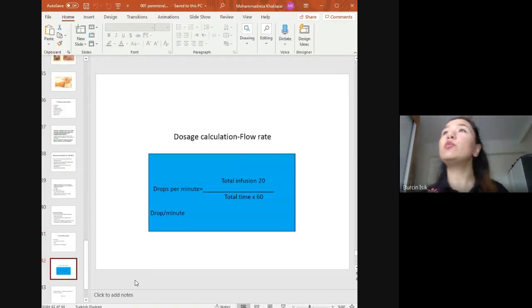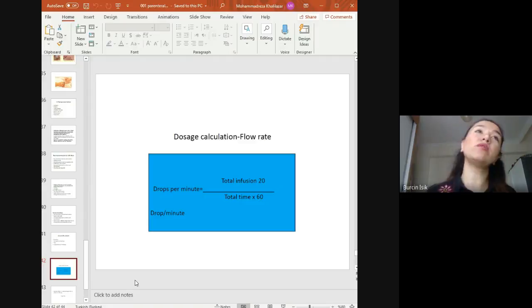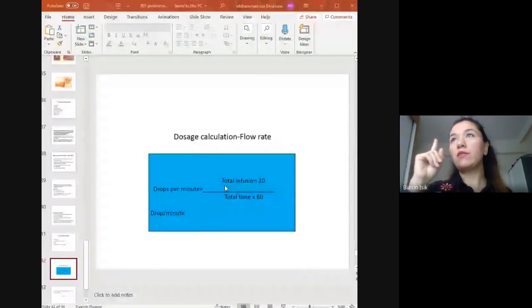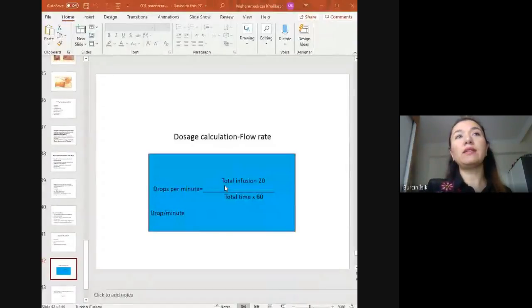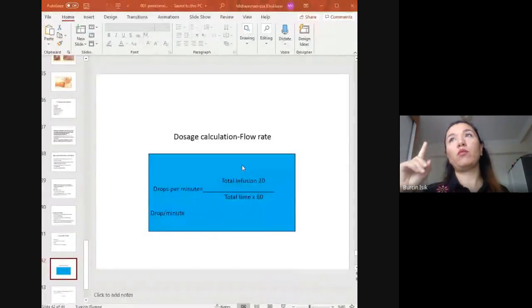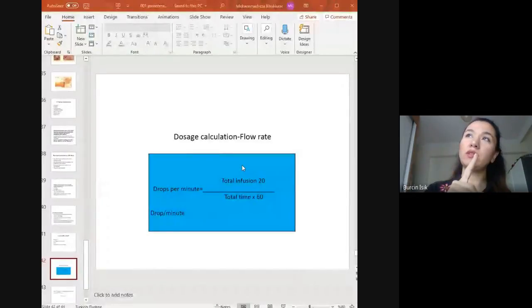And another important thing is how we calculate the dosage. It's too important. You see the drops per minute, how we calculate this. Total infusion, for example, if it says 1 liter, you must write here 1000, because 1 liter is how many milliliters? 1000.